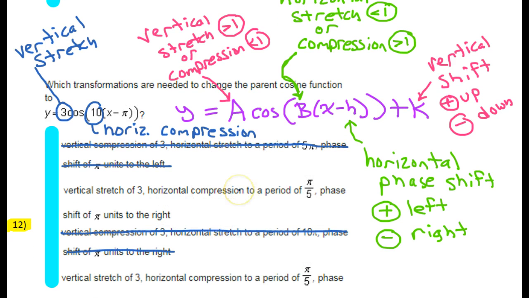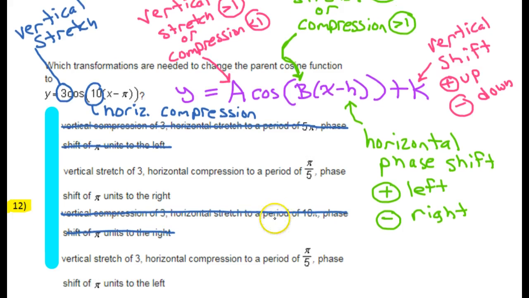Now we can talk about exactly what the period is if we have to. But right now let's just see if it says horizontal compression. So it says horizontal compression, it mentions the period. Horizontal, they both say the same thing, so that didn't help me.